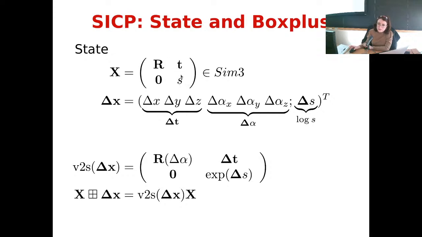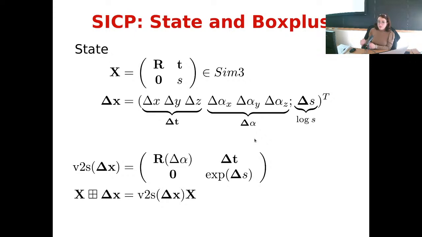In 3D, it's a four-dimensional identity matrix. And elements of this group, just as elements of SE3, can be composed by multiplying them. In particular, we need to mention that s equal to 1 corresponds to no scaling, s bigger than 1 to zoom in, and s smaller than 1 to zoom out.